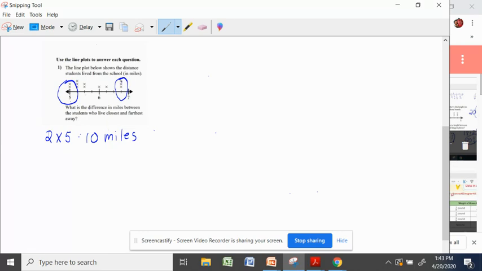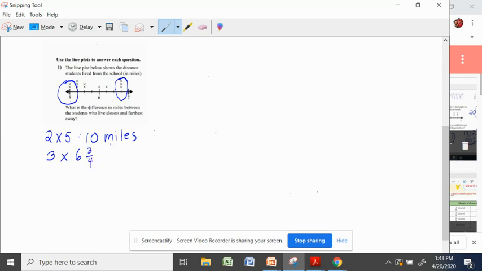All right, so now I'm going to figure out the total number of miles for three kids that live 6 and 3/4 miles away from school. So I'm going to multiply 6 and 3/4.